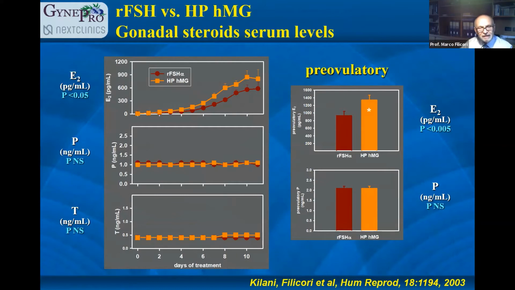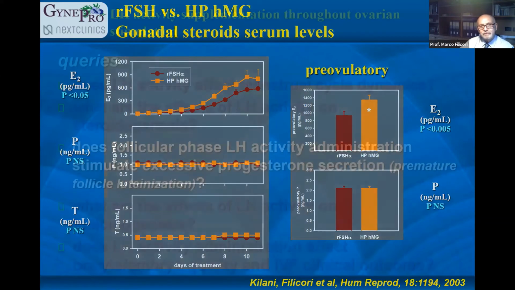Now, these are daily samples, so all of these patients were sampled daily, so it's a very robust assessment of steroid secretion. You see that androgens do not change, progesterone does not change, only estradiol goes up. And at the end, before you induce your ovulation, again, progesterone is not increased, while estrogen is higher in the HMG receiving patients.